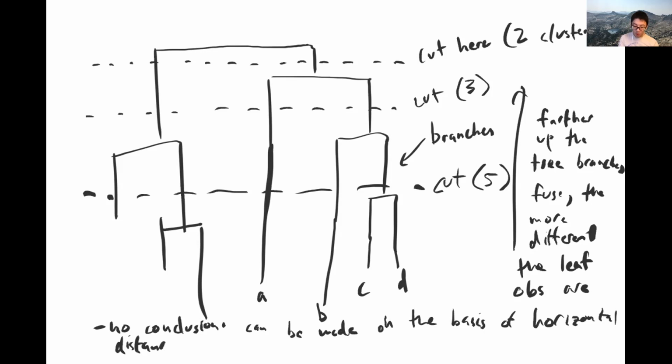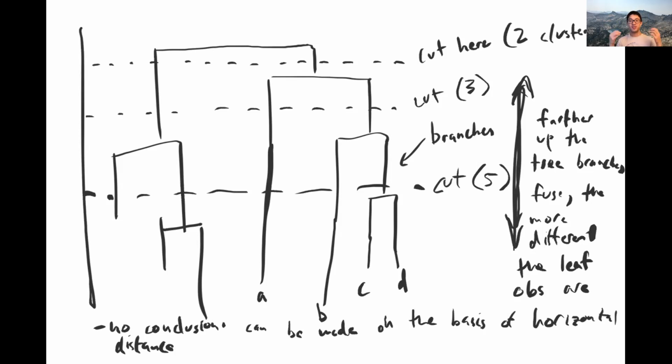So we only care about vertical distances, and there's actually an axis here that tells us how far apart the branches are fusing from each other, which tells us how different they are.